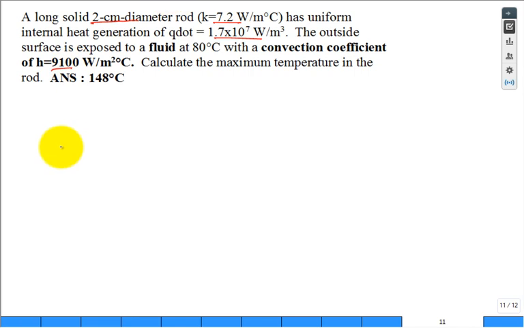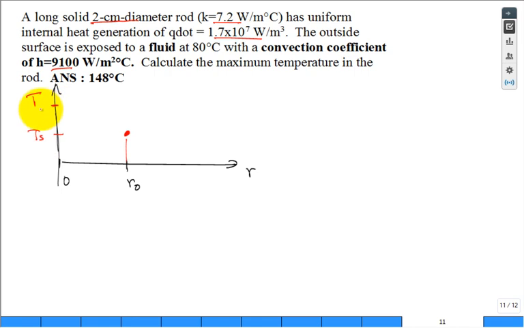So maybe I kind of draw radial going out. Here is R naught, starts at 0, and we're going to plot temperature in this other direction, dimension T. And right here, we don't know what the temperature of the surface is, TS, and we're trying to find T max right there.